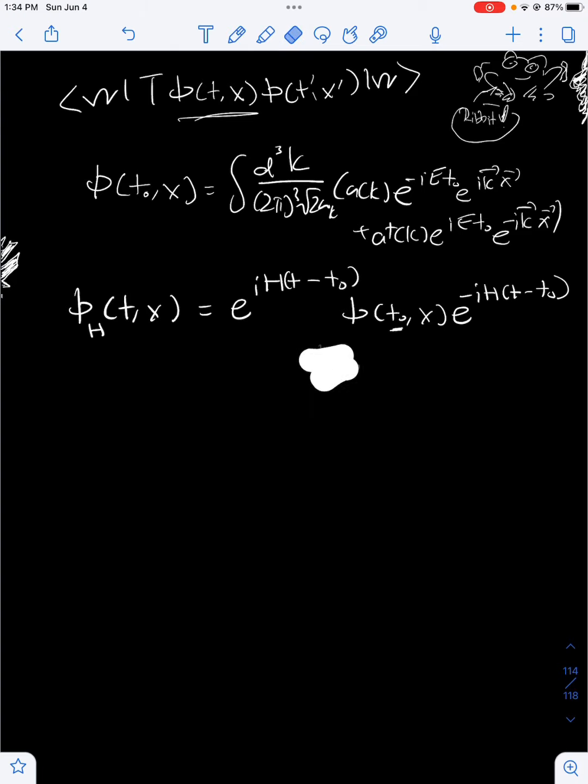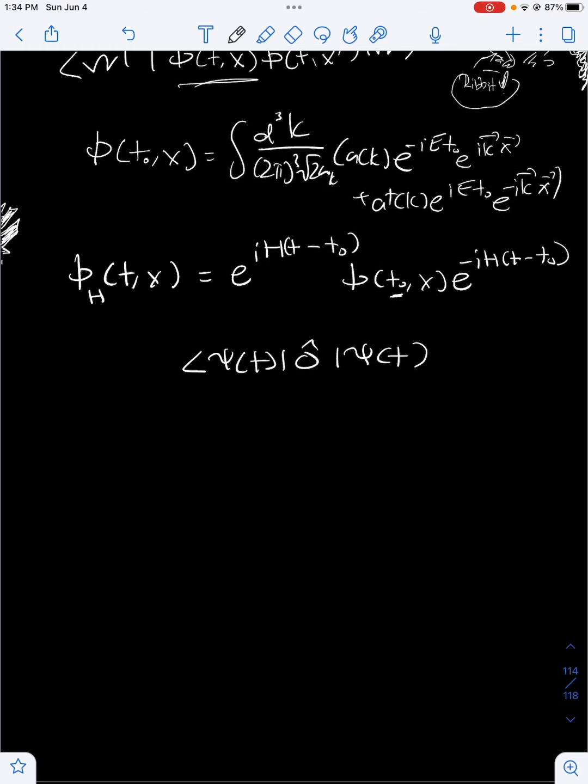So there are multiple pictures of quantum mechanics, right? Let's look back at this inner product over here. You could also make it such that the operator evolves as if it was free, and the states evolve as if they are interacting.